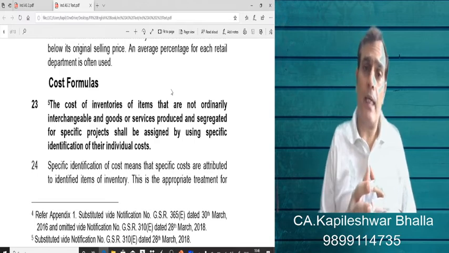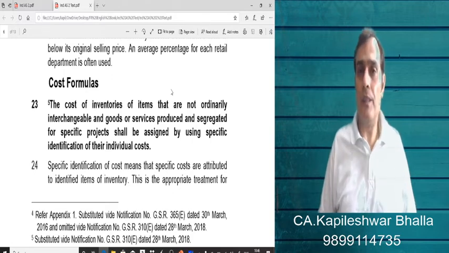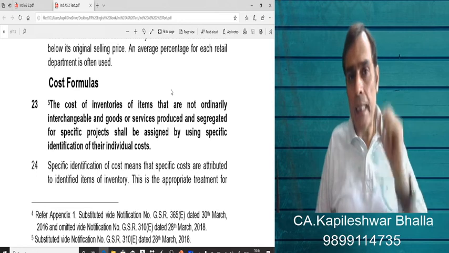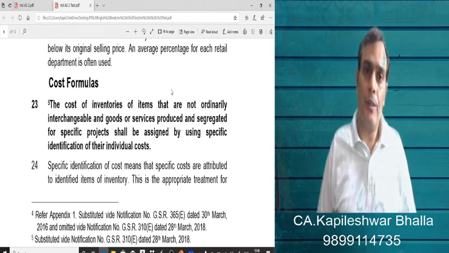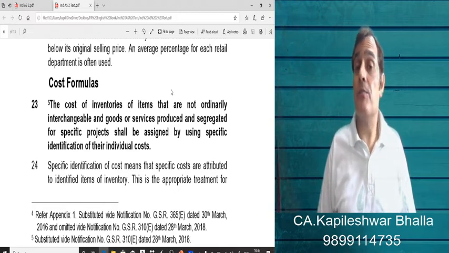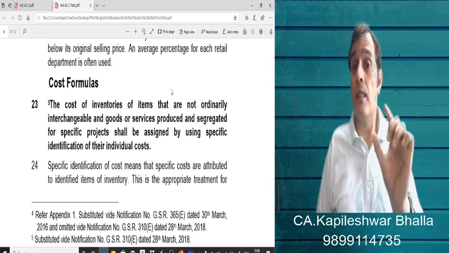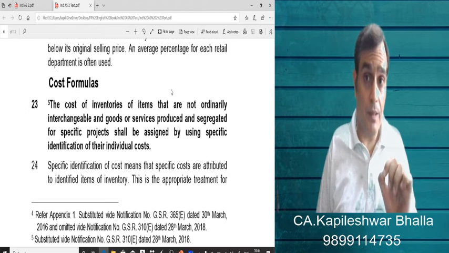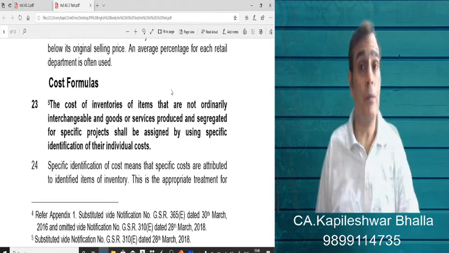But I think before that, I need to show you something. Just hear this very carefully. We're going to make some notes later. As you can see, para number 23 in front of you, where the heading is given a cost formula, talks of the cost of inventory of items that are not ordinarily interchangeable.